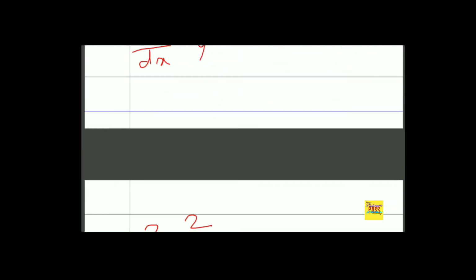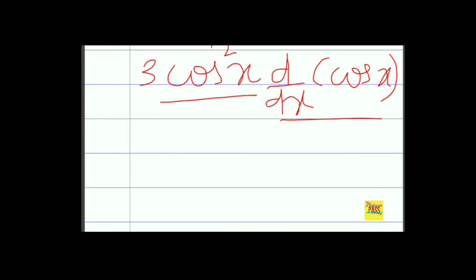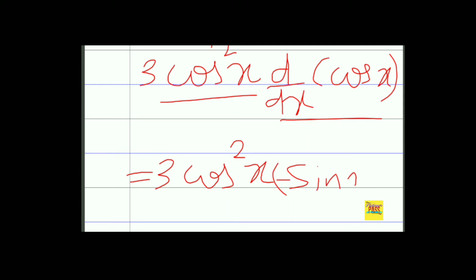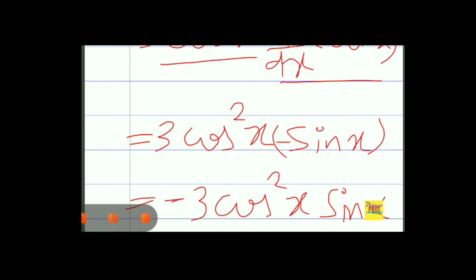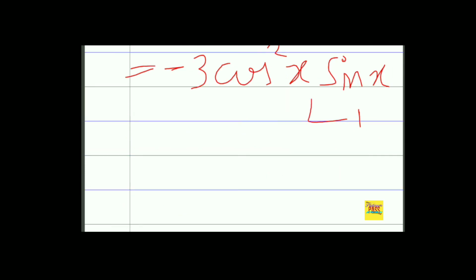So we put the minus sign first: minus 3 cos square x sin x. Lastly, we will combine this one.